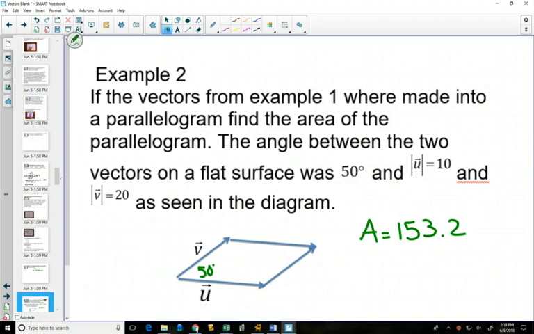Newtons. We don't need the unit vector because we're finding the length of the cross product, which we just showed is related to the area.